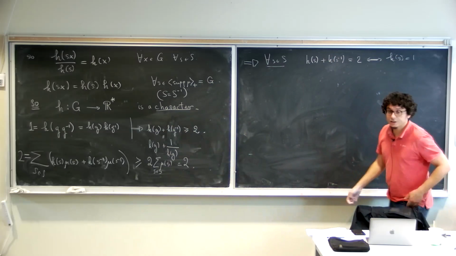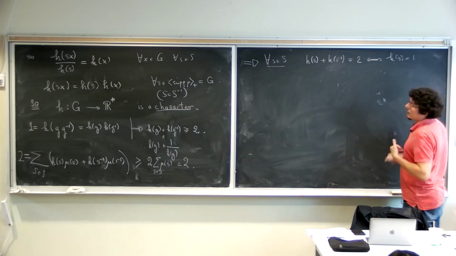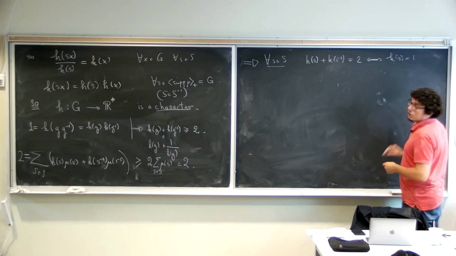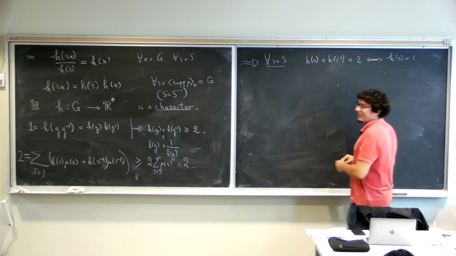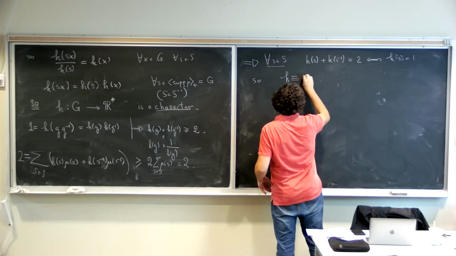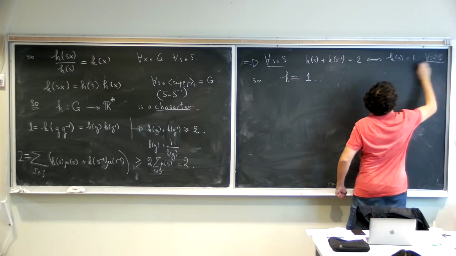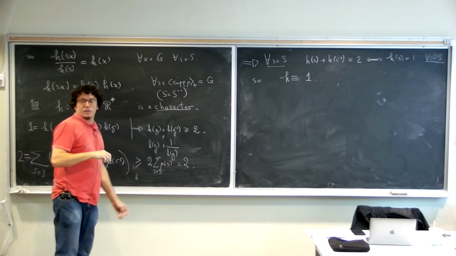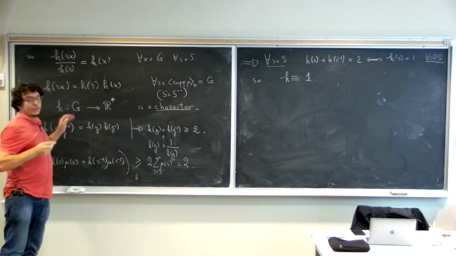So what's the upshot? Well, the upshot is that H is a character that is 1 on each generator. So H is identically 1 on every S, and it's a homomorphism, so it's in the kernel.